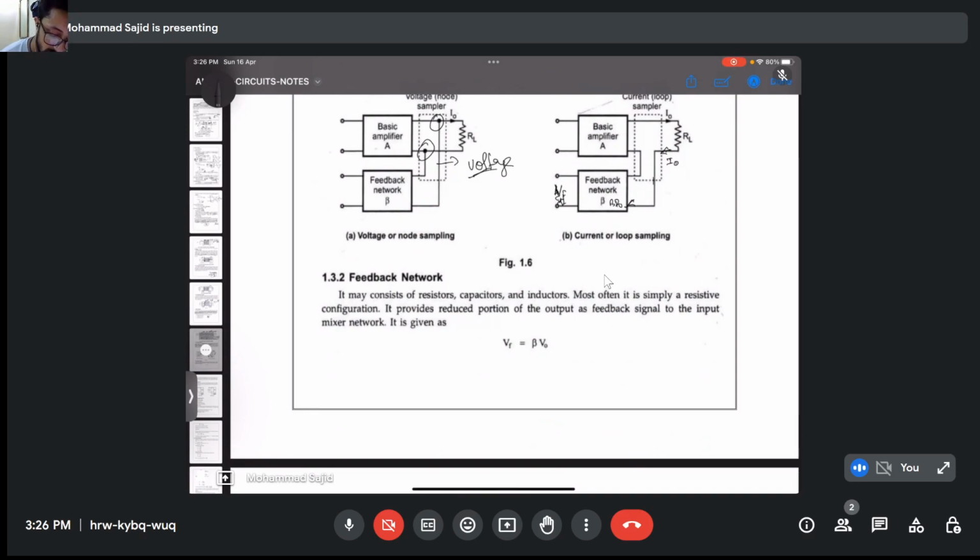Now we have the feedback network. It may consist of resistors, capacitors, inductors, because beta will always be less than 1. So this is not a two element circuit. It's a feedback network, simply a passive network so that the gain is less than 1. It provides a reduced portion of the output as a feedback signal to the input of the mixer network.